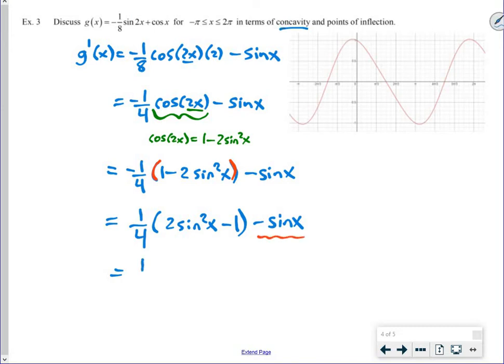So I'm going to go like this, 1/4 (2 sine squared x minus 1) minus 4 sine x.